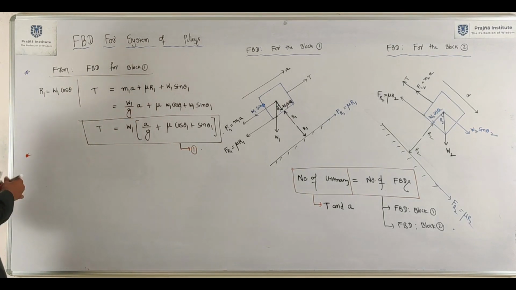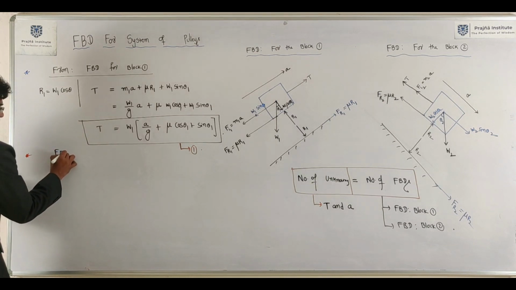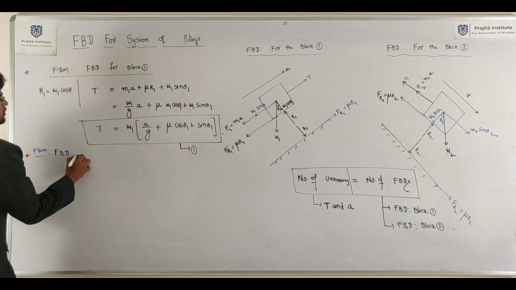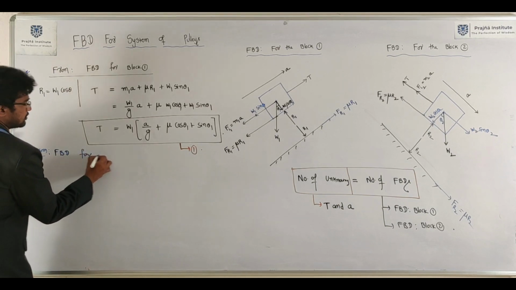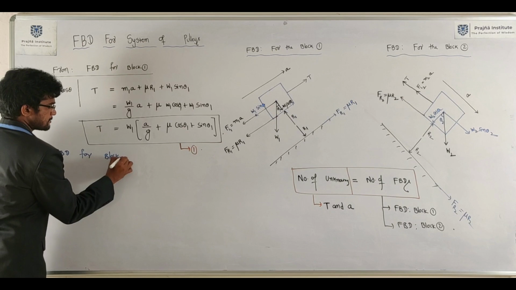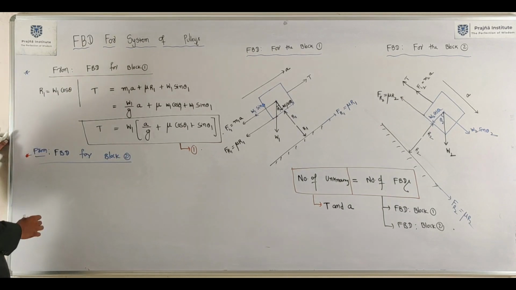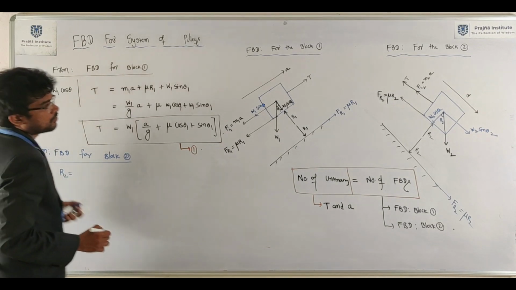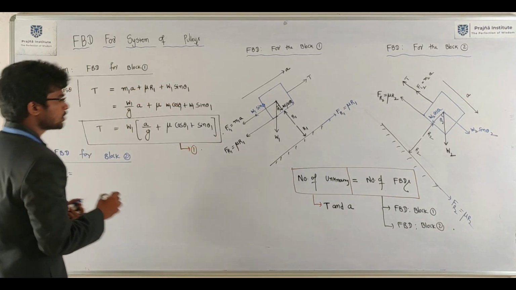Now, from the free body diagram for block 2, what will you get? R2 equals W2 cos theta 2.